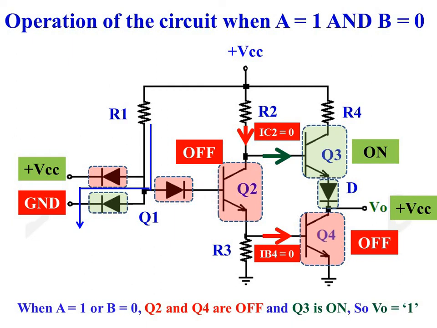So when A is equal to 1 and B is equal to 0, as output voltage V0 is equal to plus VCC, we can say that output is at logic 1.